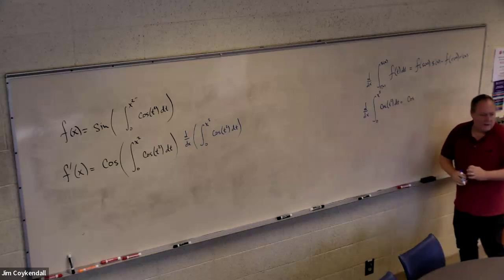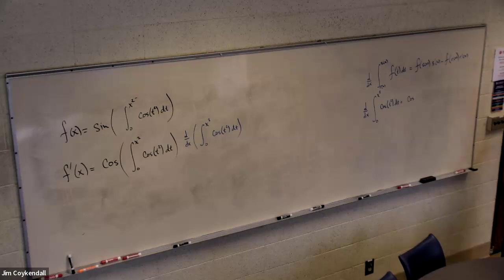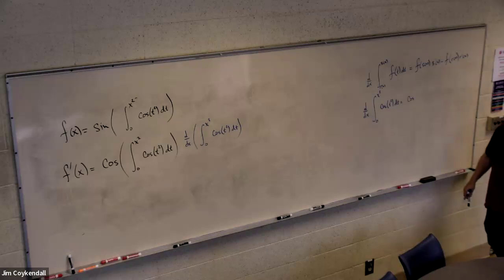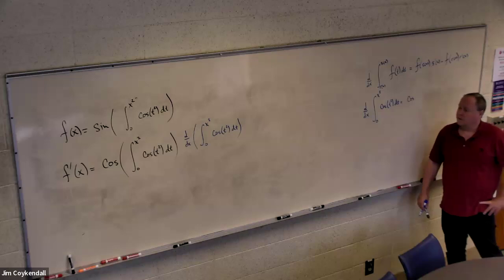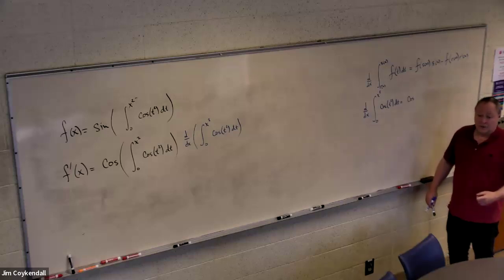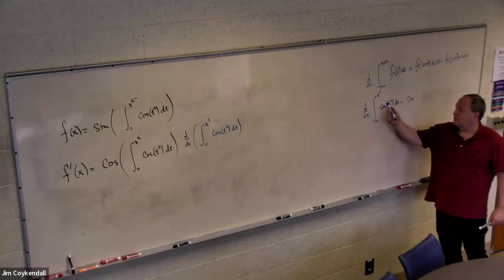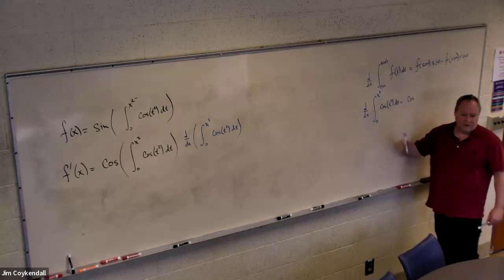Well, what would it be? Cosine of x squared. That's right. You replace t by this thing right here.